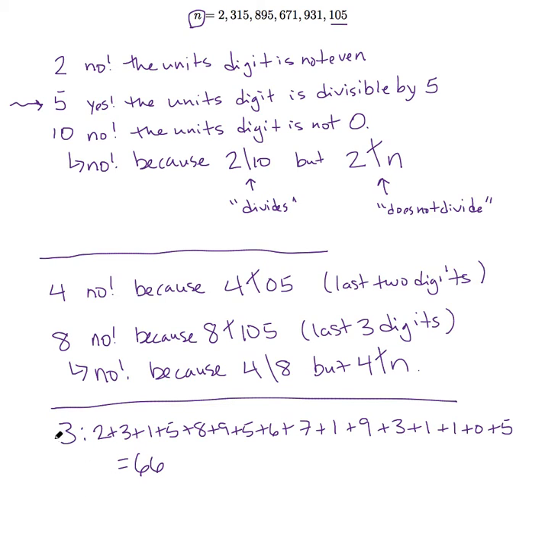And what does that tell me? Well, I know that 3 divides 66, and our divisibility rules tell us that if 3 divides the sum of all of these digits, then 3 also divides n. And so our answer here is yes, because 3 divides 66, and that is the sum of all the digits.